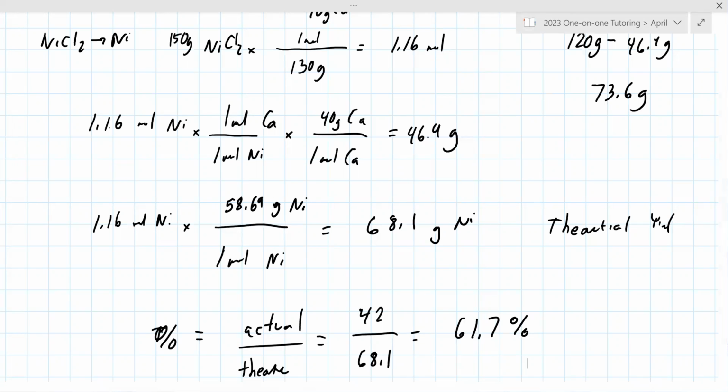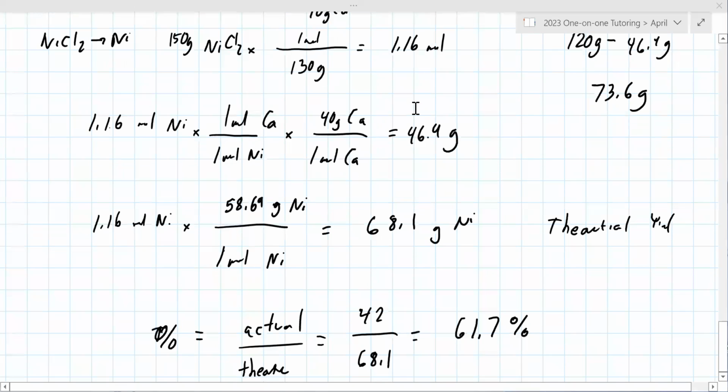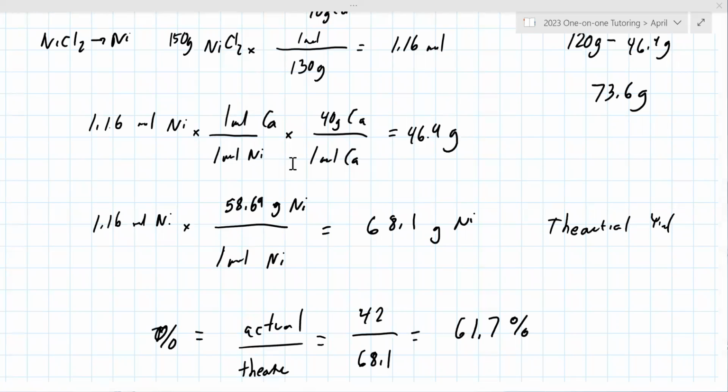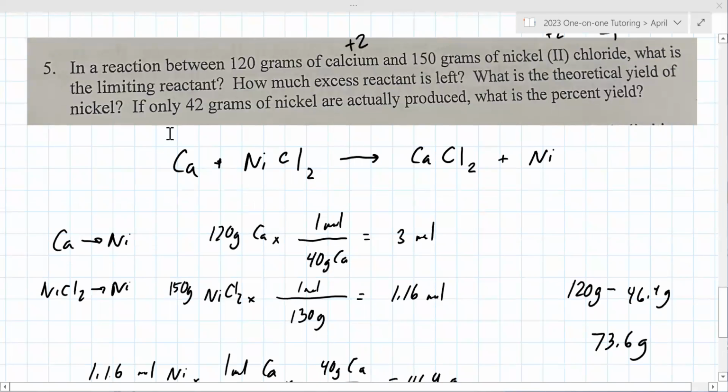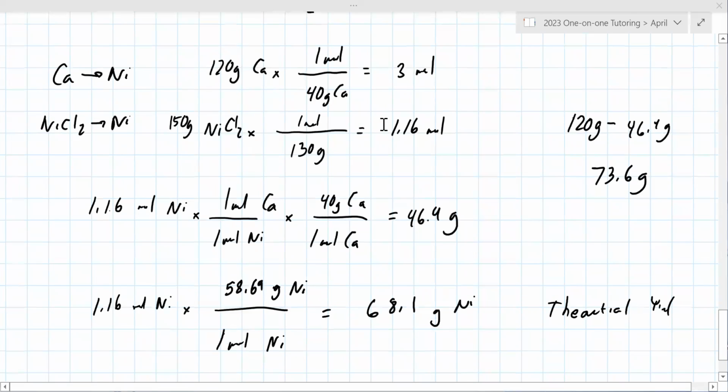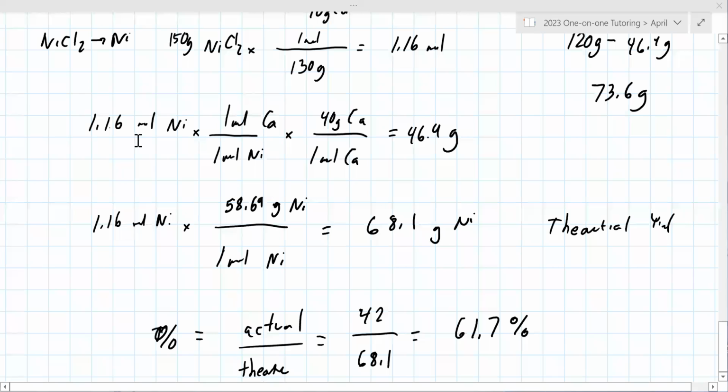That looks like it's the other number there. No, it's not. Why is that number there? Did I make a mistake? Is it 46 over 68 over 1, or is it 42? It's telling you how much they actually made, and it's like, how much should we have made? Which I don't understand, because if we got this one right, which is based on this one, unless let me look.